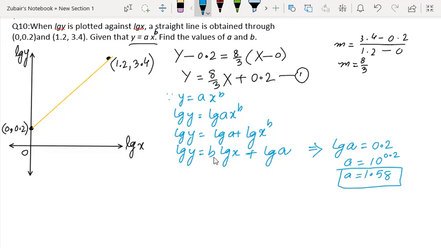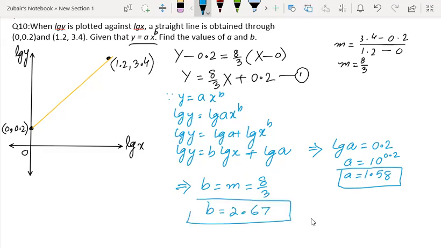So gradient is basically equal to m, and m is equal to 8 upon 3. So what is 8 upon 3? 8 divided by 3 is equal to 2.666, so we can write here 2.67. And this is the final answer.